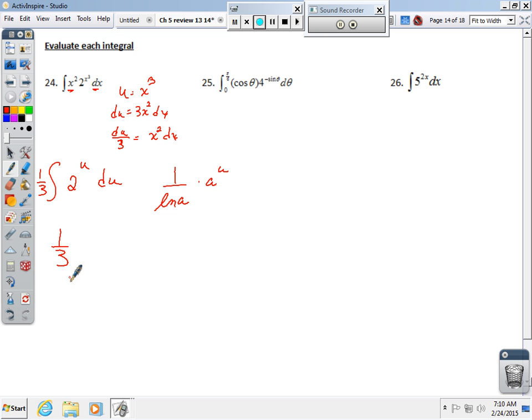So 1/3 times a to the u, which is going to be 2 to the x cubed over the ln of a, which is 2. So that simplifies to 2 to the x cubed over 3 ln of 2 plus c.